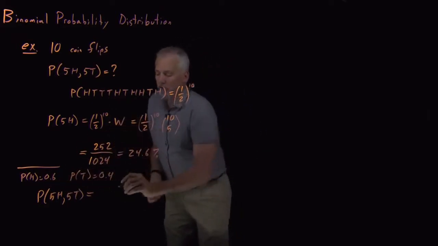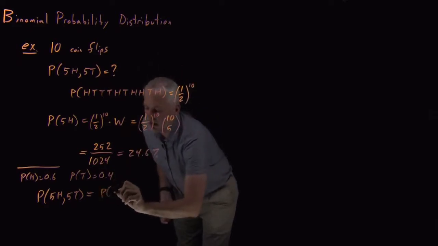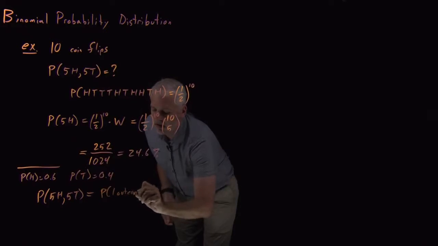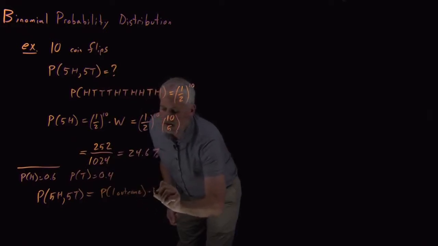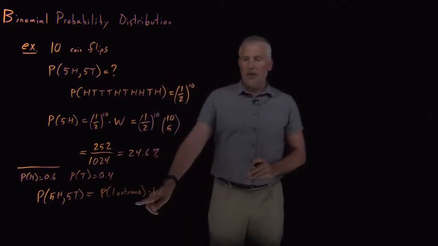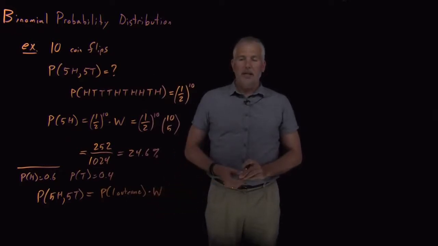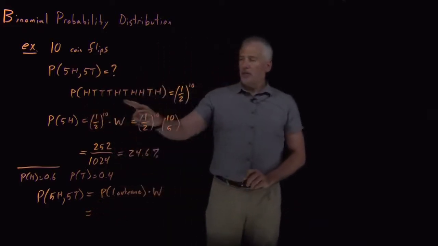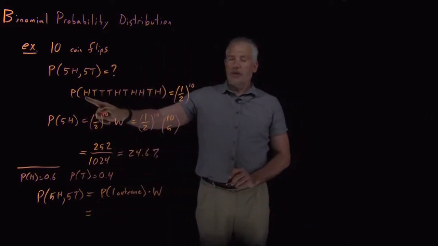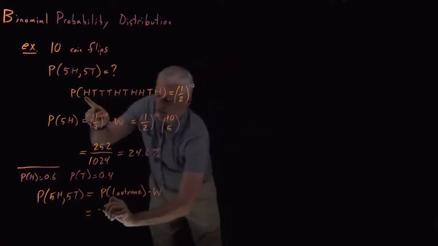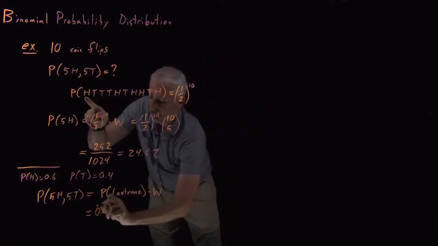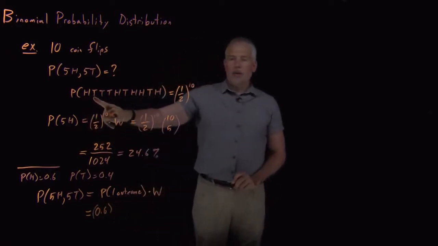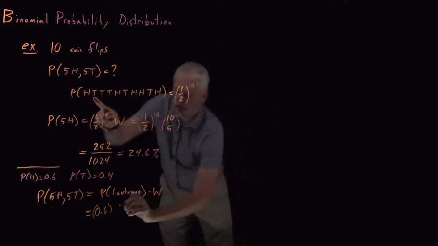So it's still the probability of any one of these outcomes multiplied by the multiplicity, the number of ways that outcome can occur. For the probability of one of these outcomes, the probability of a head is 60%. I want to multiply that by the probability of tails, that's 40%.